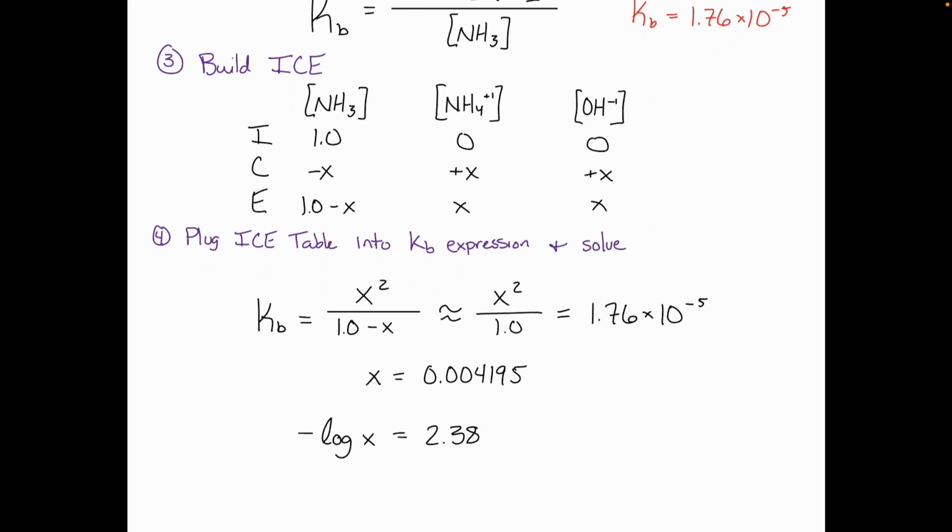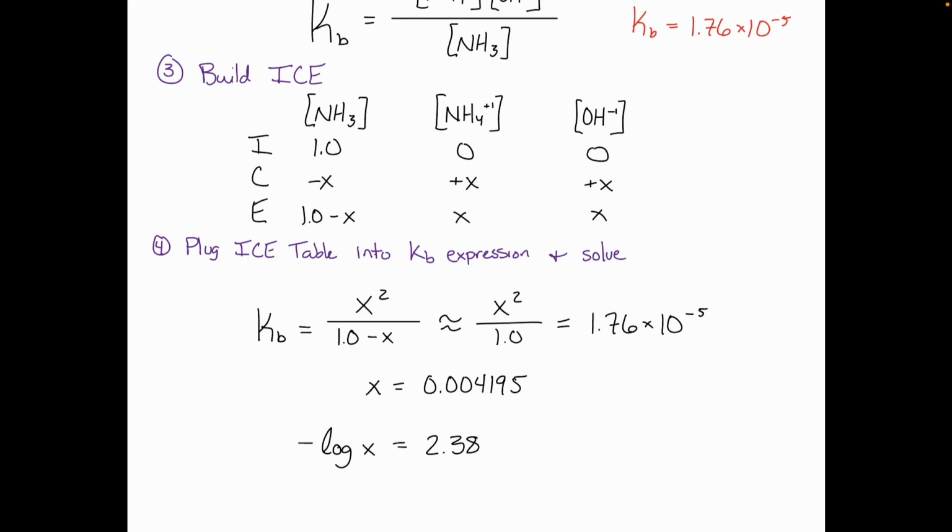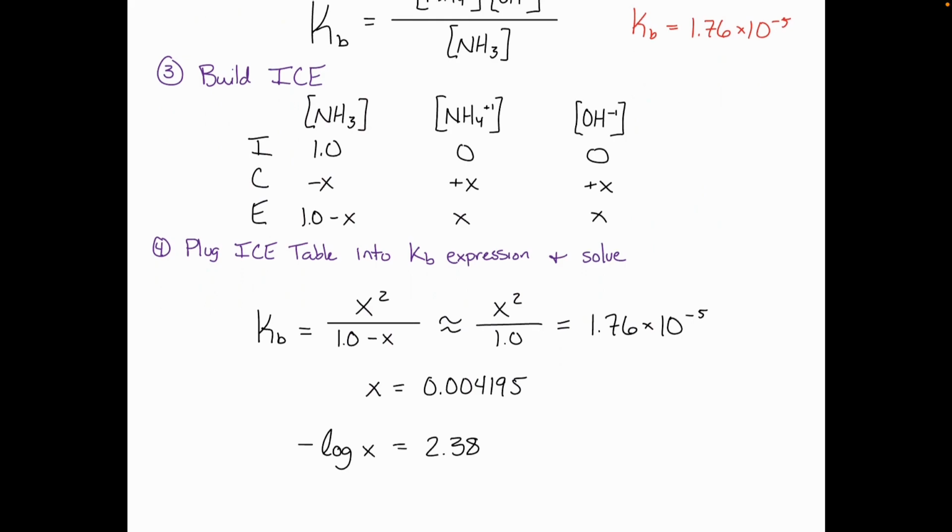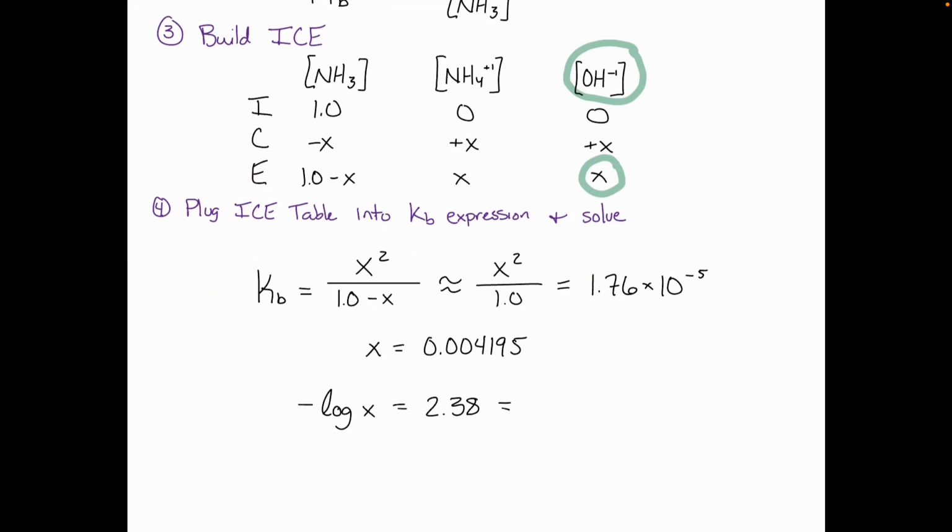No, because importantly, what did I just calculate here? The pOH, right? Remember, unlike when we were doing our acid problems, when we solved for x, x was the value of the hydronium ion concentration. But now that we're talking about bases, x is the value of my hydroxide ion concentration. So this would not be pH, but pOH.